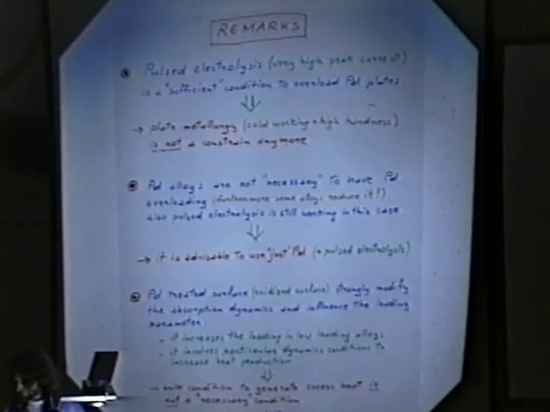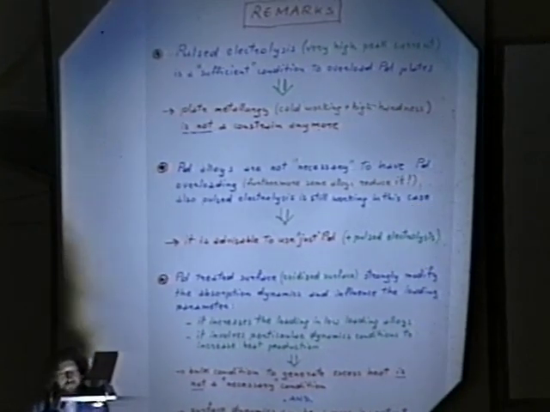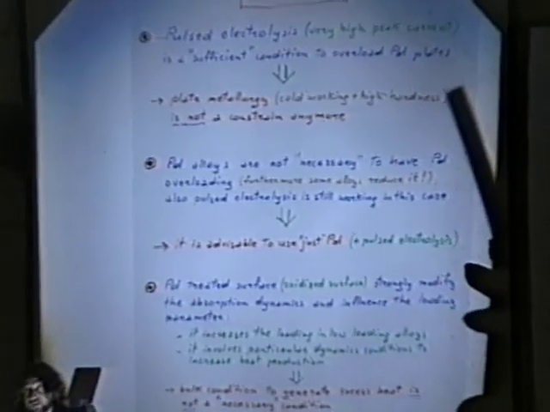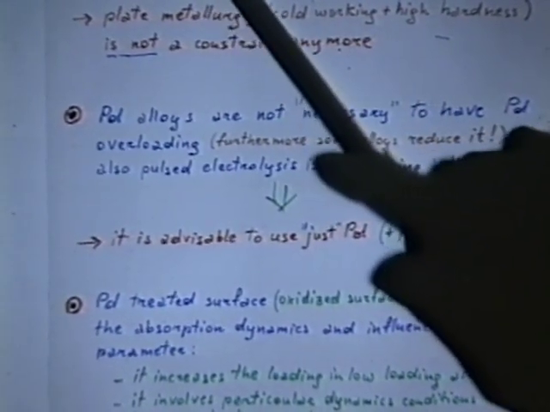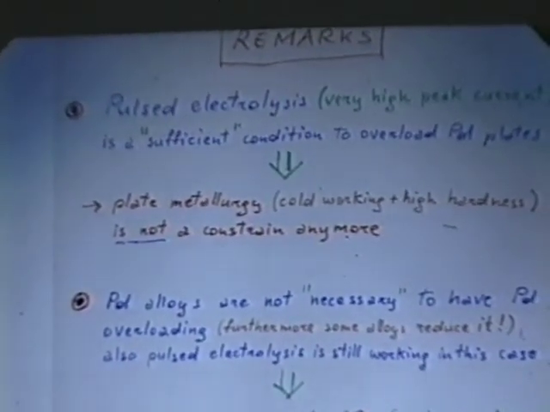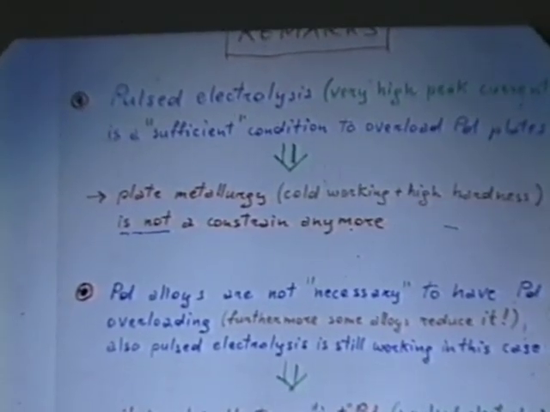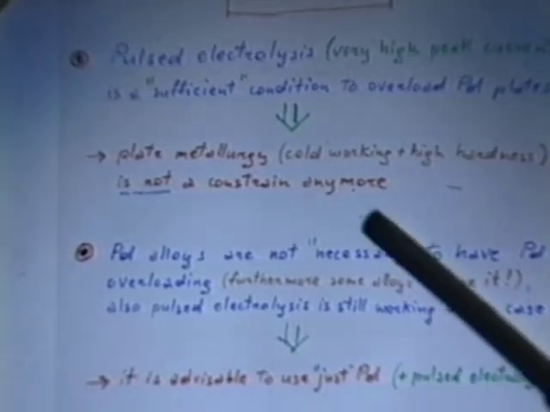Okay, let me go to the conclusion and remarks on what we have learned from this test. First, pulse electrolysis with very high peak current is, according to us, a sufficient condition to overload palladium plates. The consequence is that plate metallurgy, something like cold working or high hardness, is no longer a constraint.